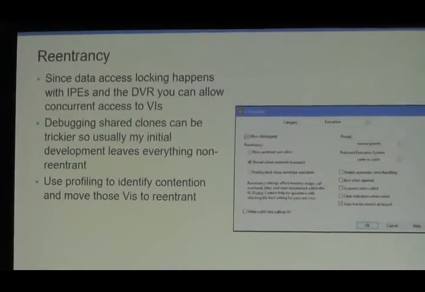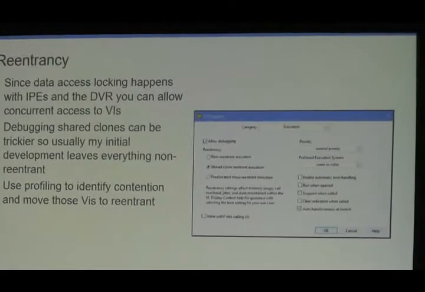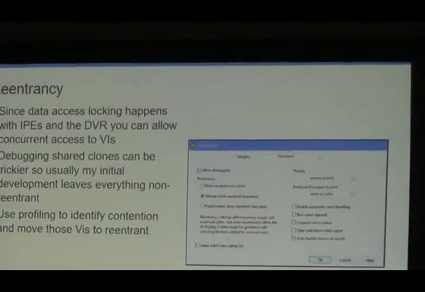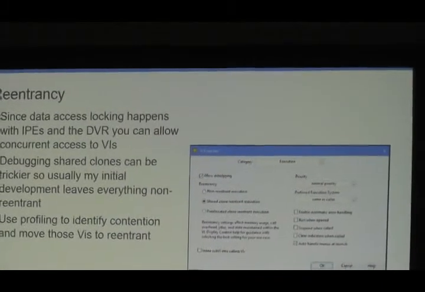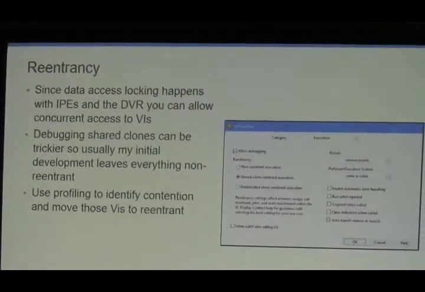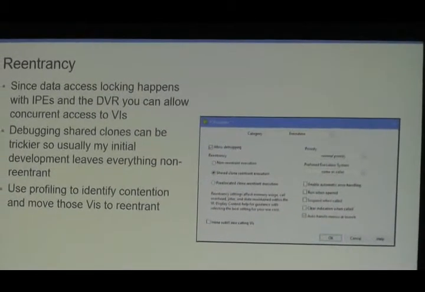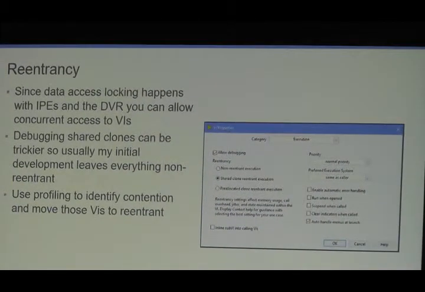Since the DVR does have access control built into it, that opens you up to start using more reentrant clones of your sub-VIs, so you can more purposely decide at what level of the code things wait for each other. Moving to shared clones does make things much harder to debug.